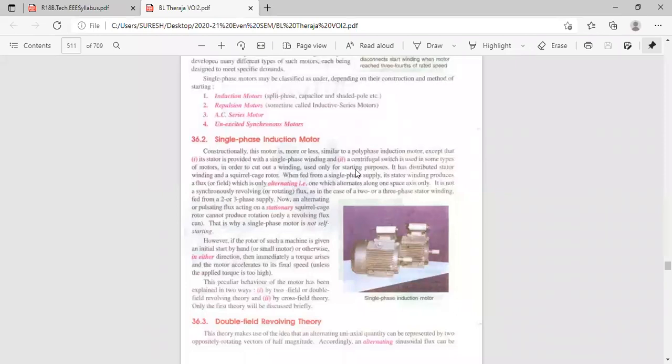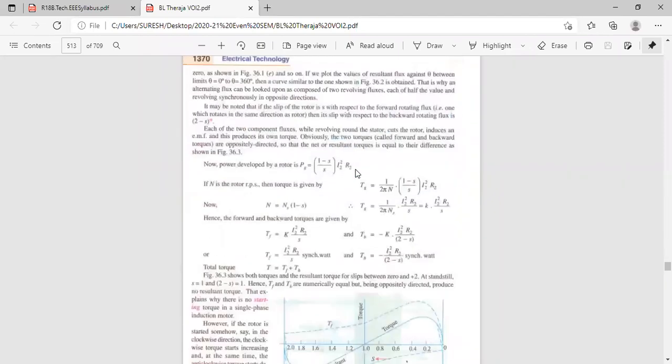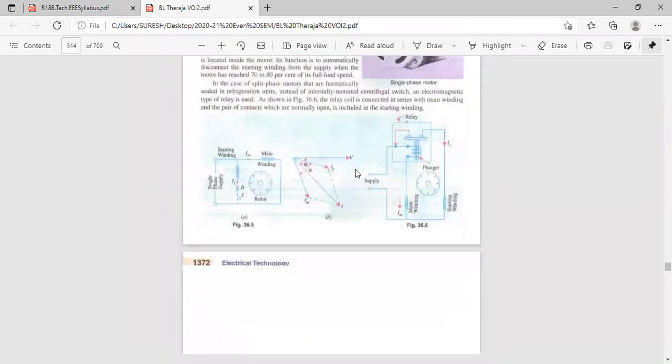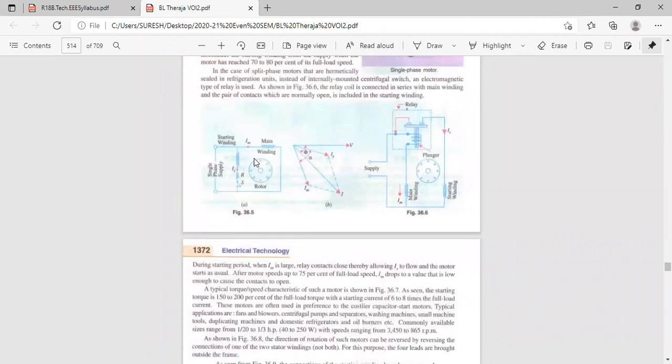What is this centrifugal switch in the circuit? Can anyone see here? What is the centrifugal switch in this circuit? S is the centrifugal switch. If you close this switch, what will happen?